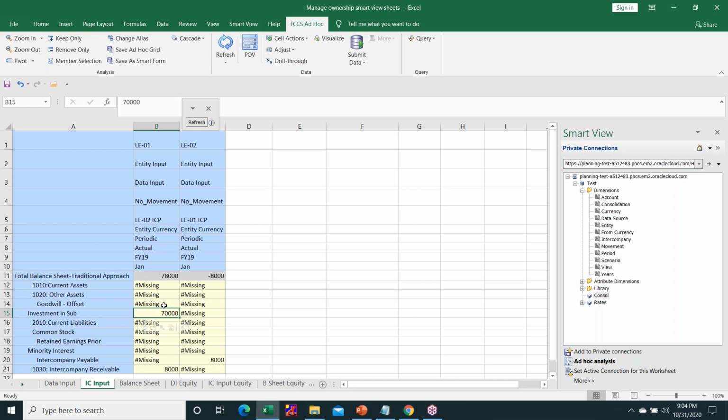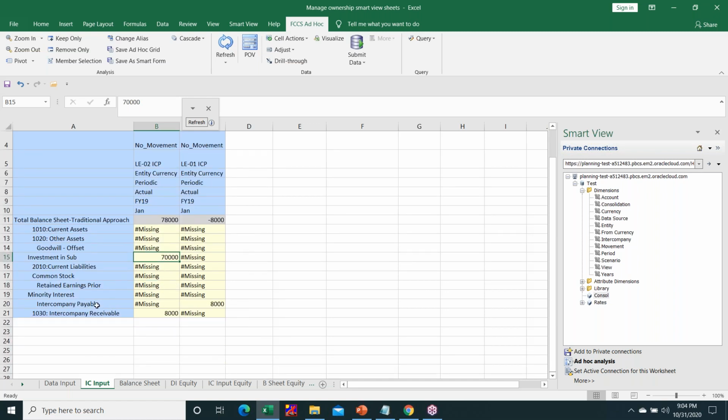In the similar manner, in the books of legal entity 02, we have the intercompany payable number of 8,000. So I have entered those numbers against my intercompany partner, that is legal entity 01 ICP. In the similar manner, in the books of legal entity 01, they have the intercompany receivable. So I have entered this number against my legal entity 02 ICP partner.